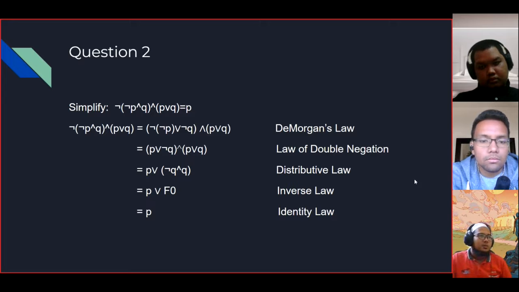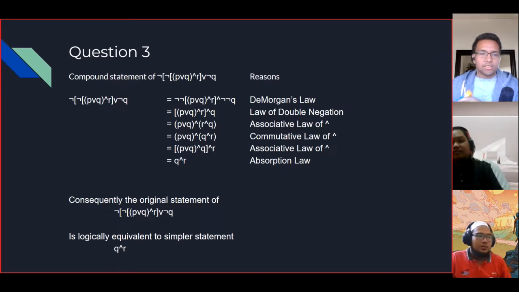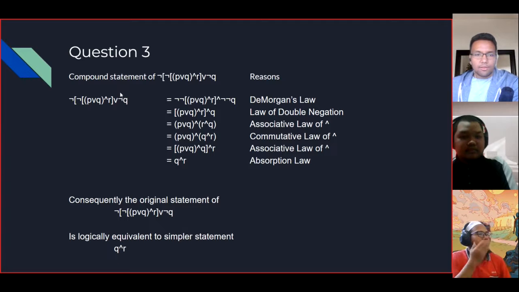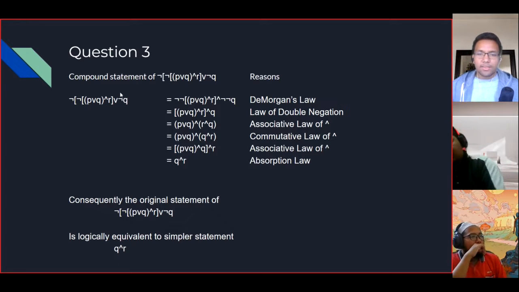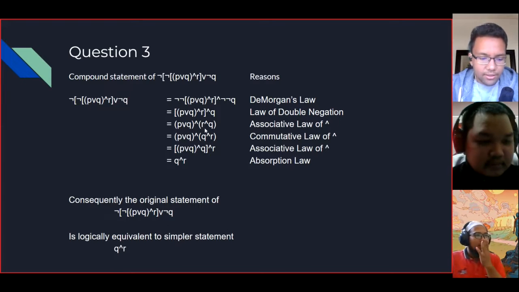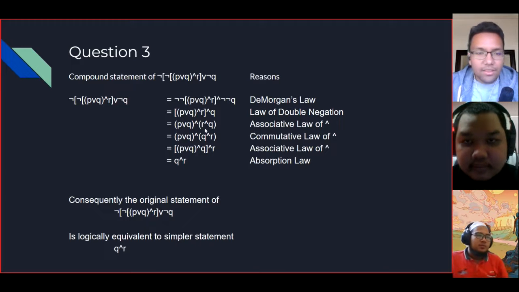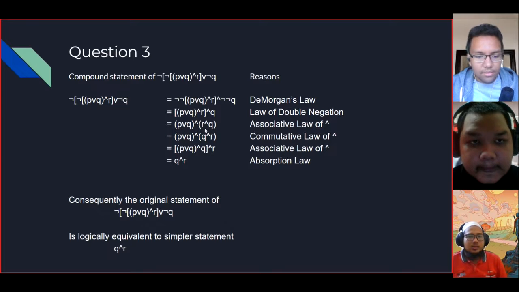Okay. So we pass this to the Haris. So for question 3, you can see a compound statement which have 3 primitive statements, which is P, Q, and R. In this statement, we have 4 occurrence, 3 negation symbols, and 3 connectives, which is OR, AND, and OR.